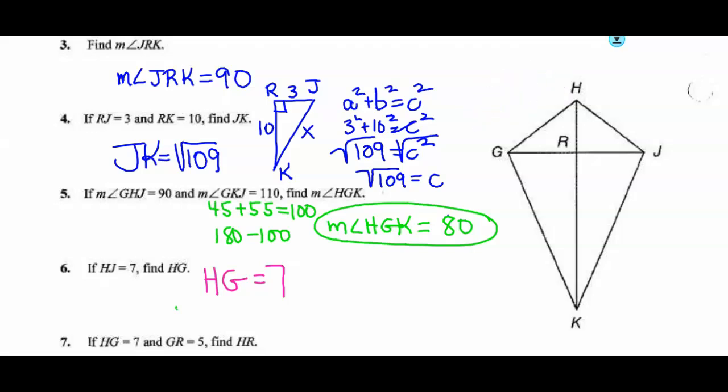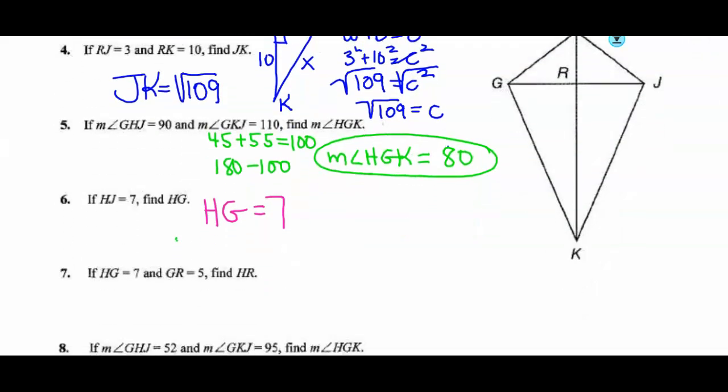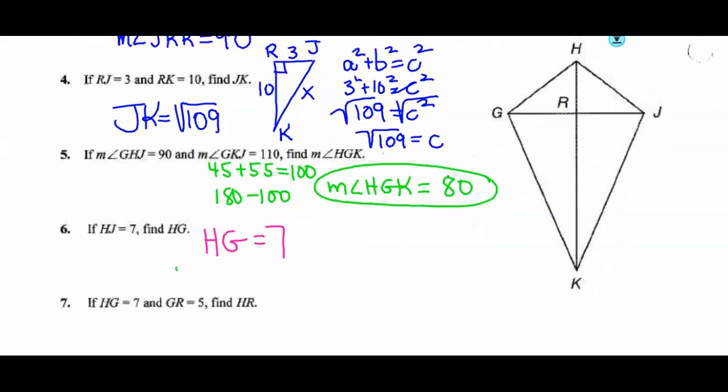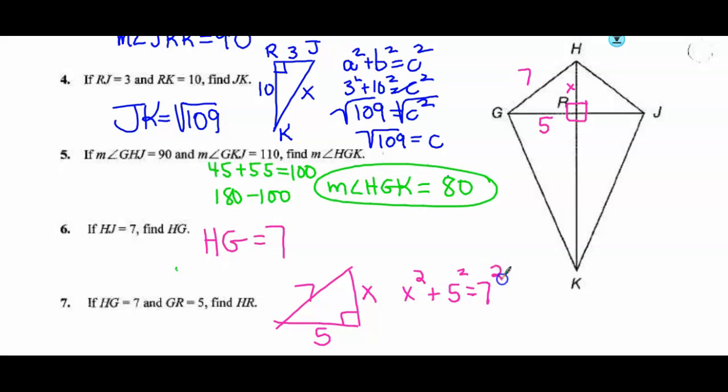It says number 7 that HG is 7. Here's a 7. GR is 5. And there was a right angle here, remember? Find HR. We don't know that. So this is another right triangle. Here's the right angle. X, 5, 7. So that would be Pythagorean's theorem again. X squared plus 5 squared is 7 squared.